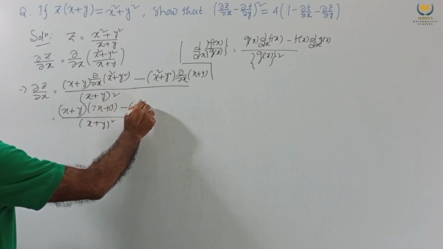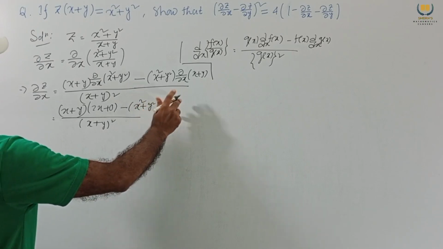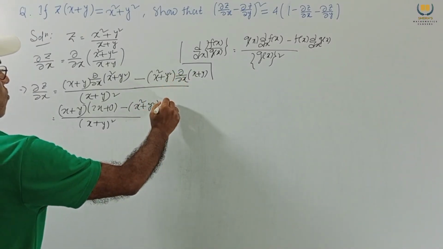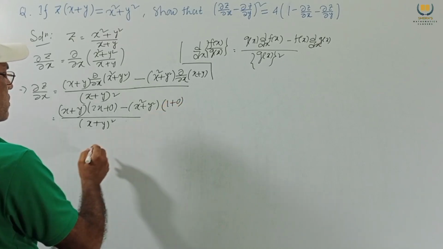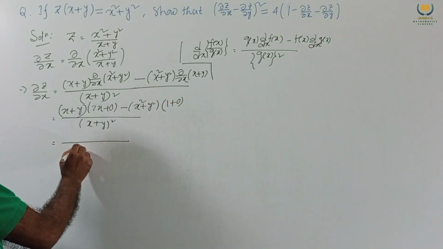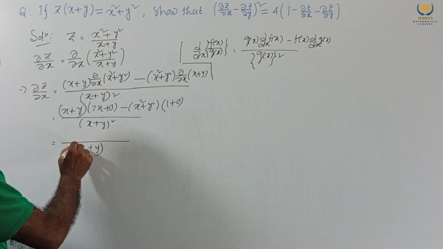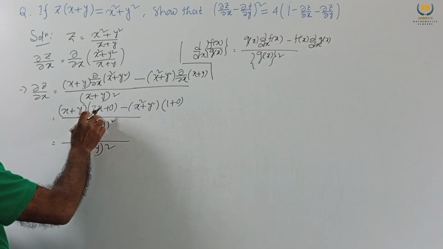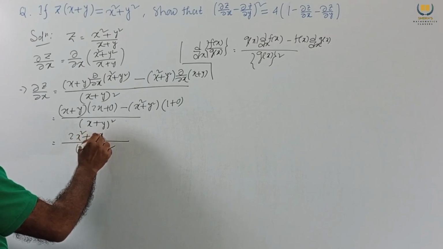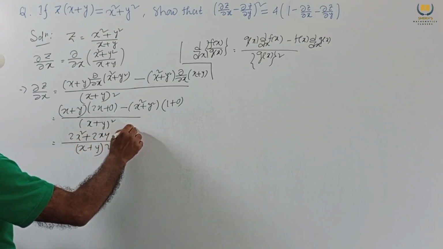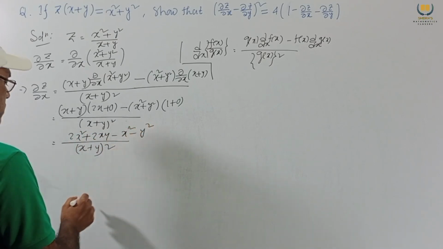x square plus y square: if we differentiate x then 1, differentiating y partially we get 0. Then this will be over (x plus y) whole square, and this is multiplying, 2x square plus 2xy minus x square minus y square.